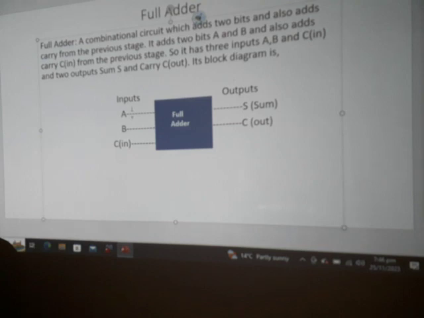In the block diagram, we have 3 inputs A, B and C in, and 2 outputs sum S and carry C out.